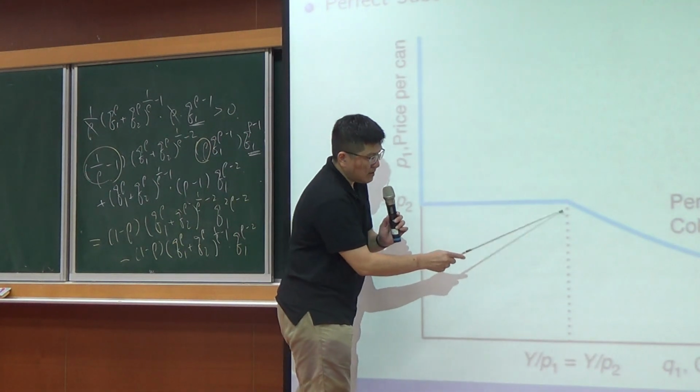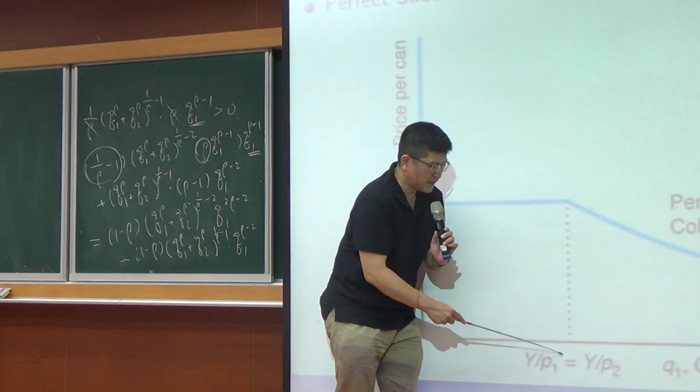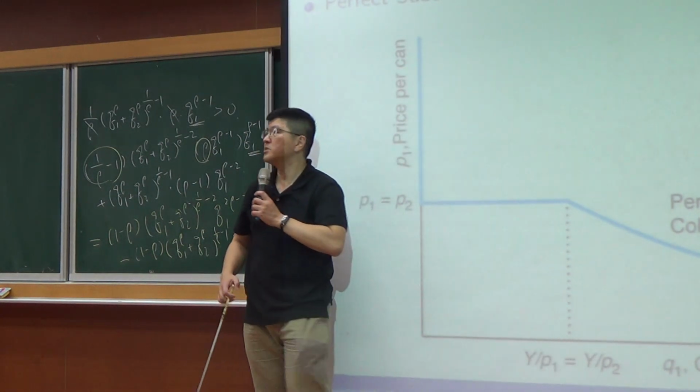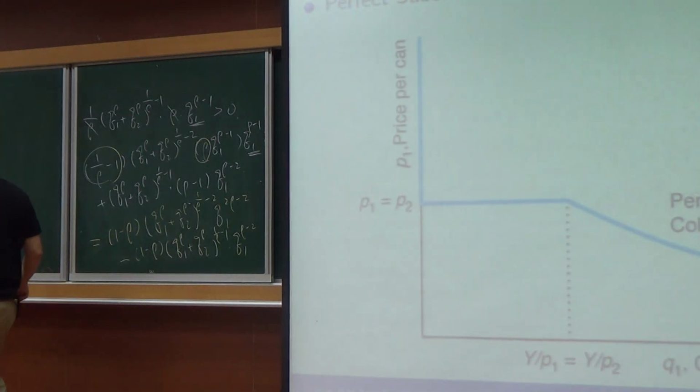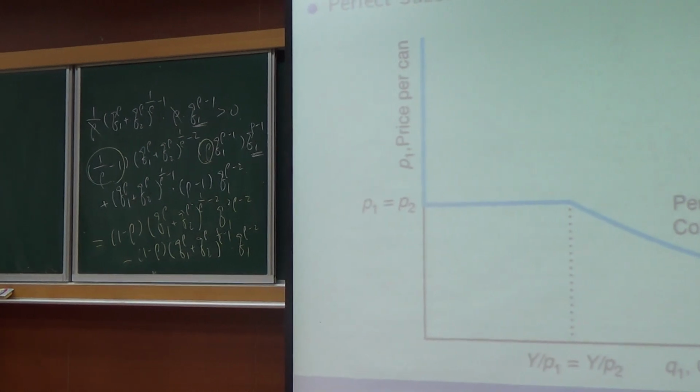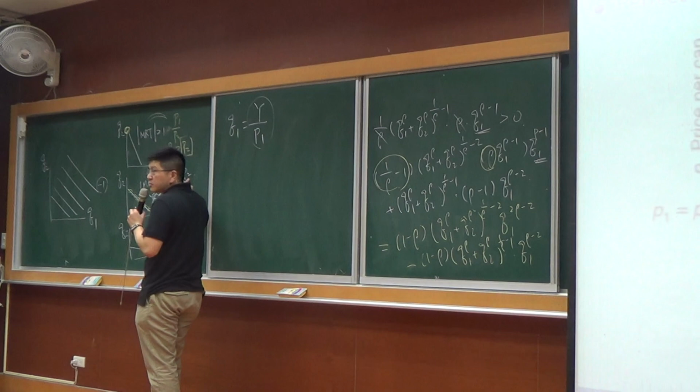So this is actually, would you please make a circle here, y over P2. The reason is because it should be y over P1, but now P1 equals P2. And since P2 is a fixed value, this intercept is also y over P2.